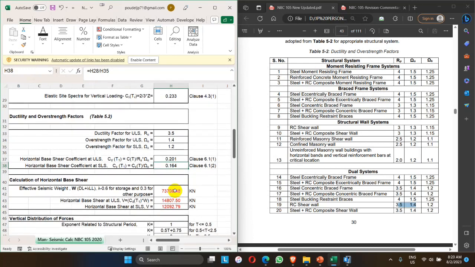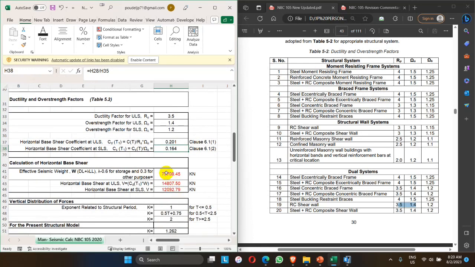So if we go to our model, we need to insert the design coefficients of 0.201 and 0.164 for the ultimate limit state and serviceability limit state.